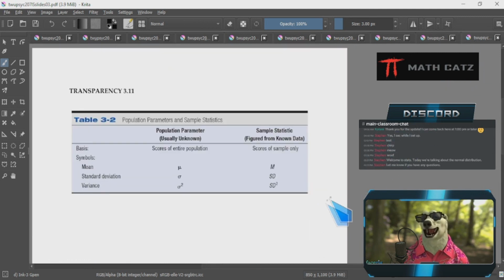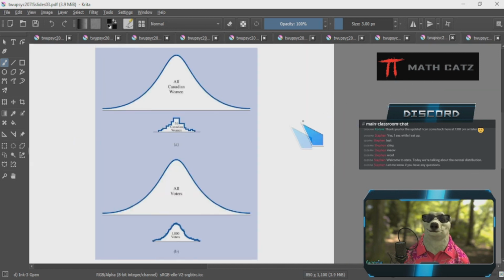So I want to end this video with an awareness. The difference between a population and a sample should be fairly obvious based on the pictures we just looked at. And to help distinguish these things in our minds, we're going to use different symbols to represent them. When we talk about the mean, think about the previous picture.